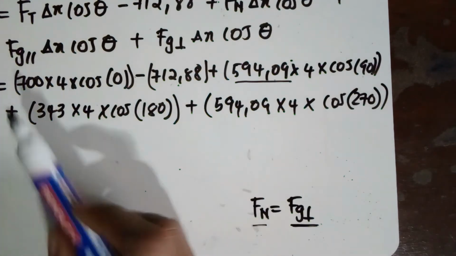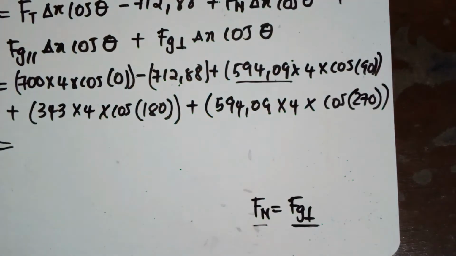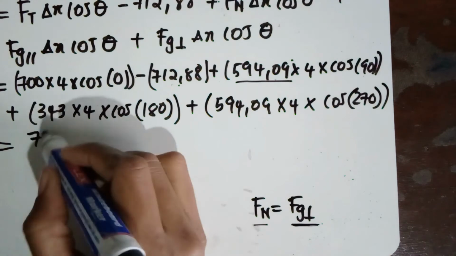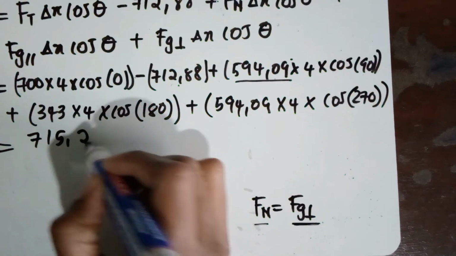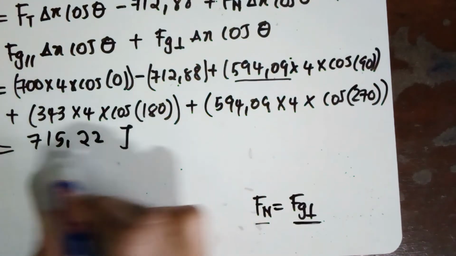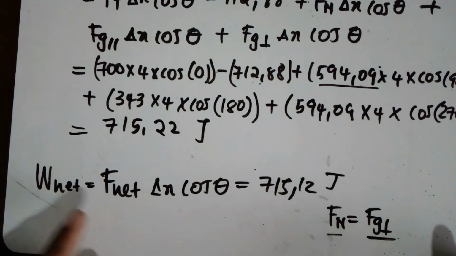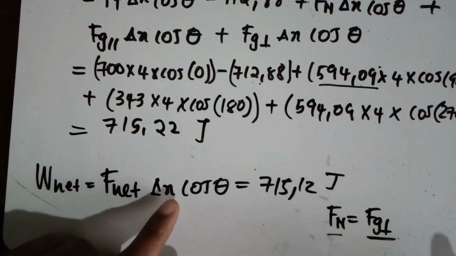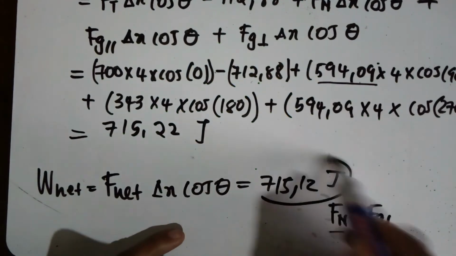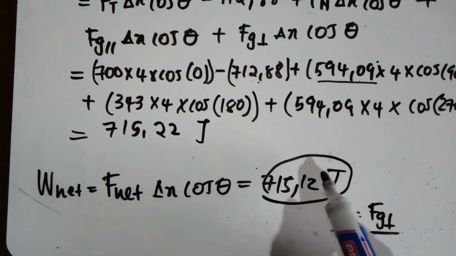And then you can just input this in your calculator and you're supposed to come to a value of W net of about 715.22 joules. So remember when we used this equation, W net equals F net d cos theta, we came to a value of 715.12.